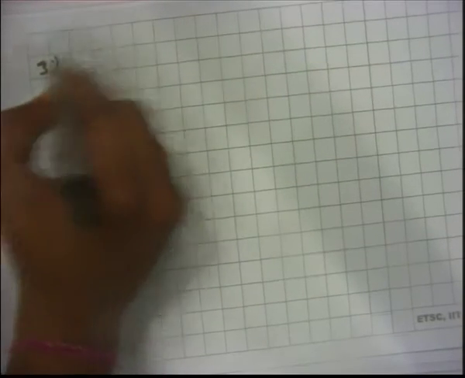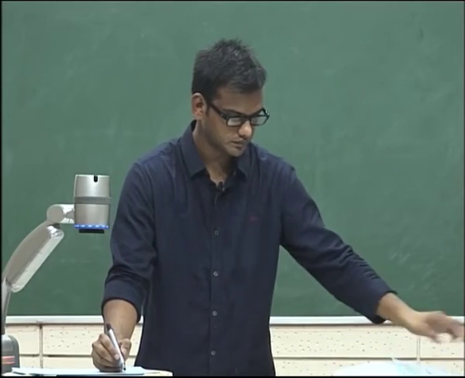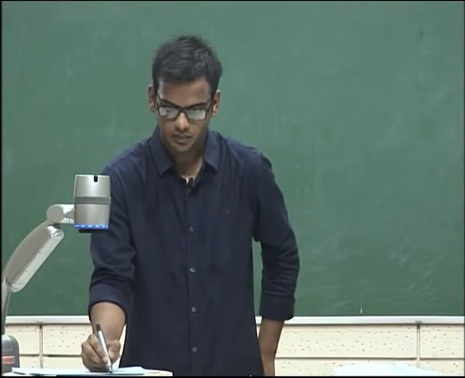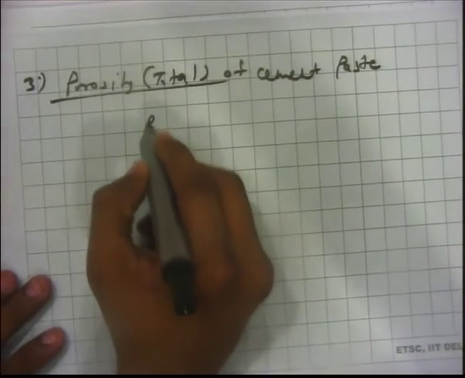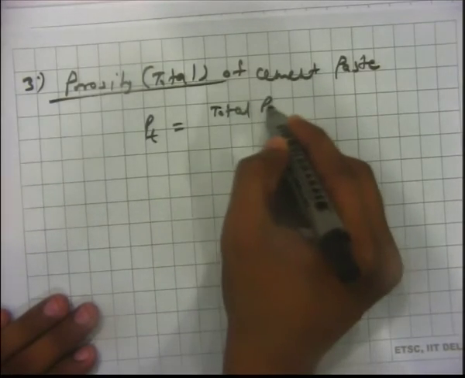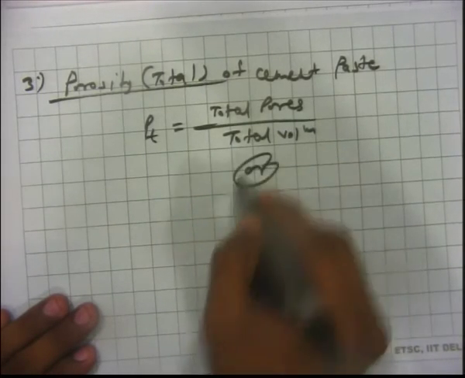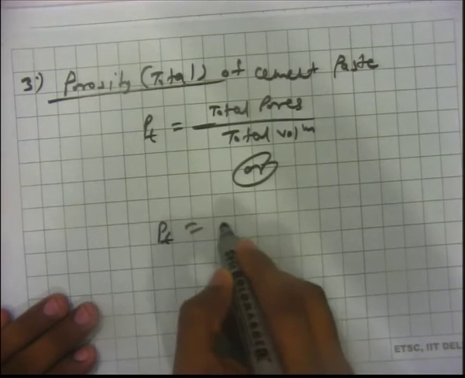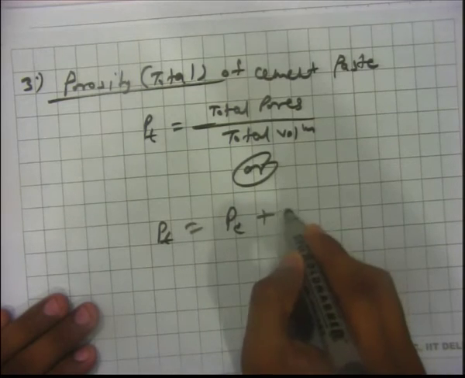Now the third porosity is total porosity of cement paste. We can calculate PT in two ways: total pores divided by total volume, or we can write PT as nothing but capillary porosity Pc plus gel porosity Pg.